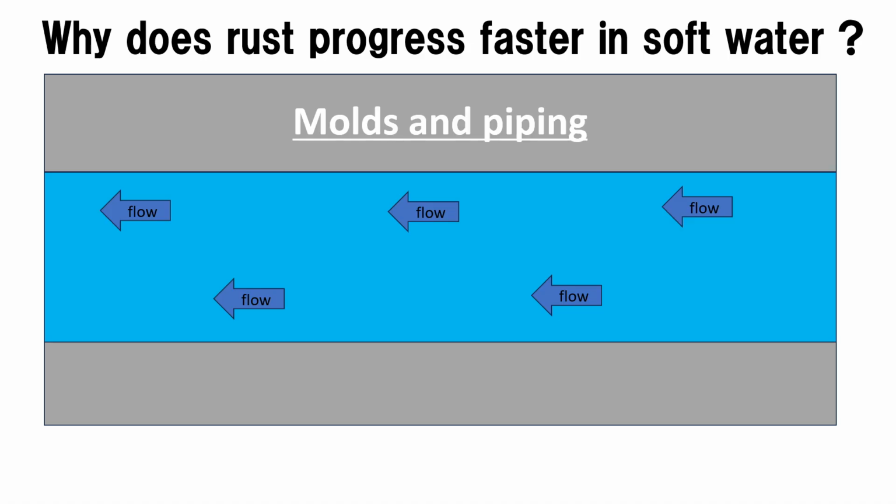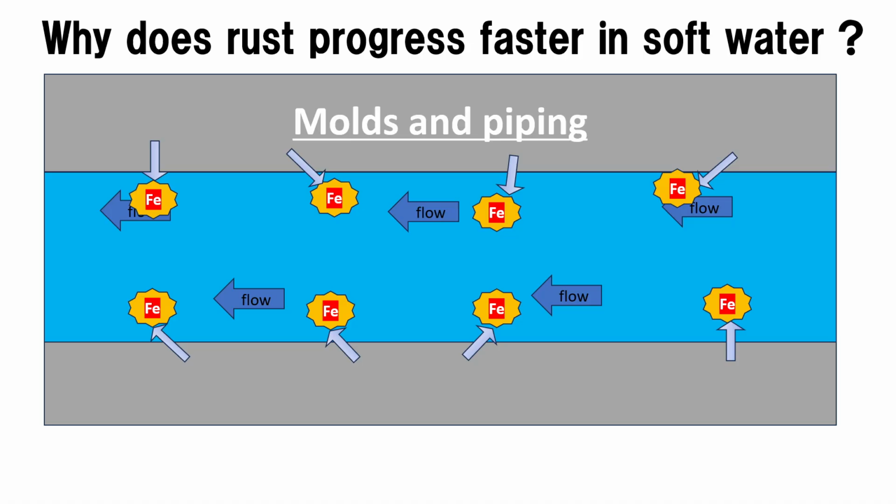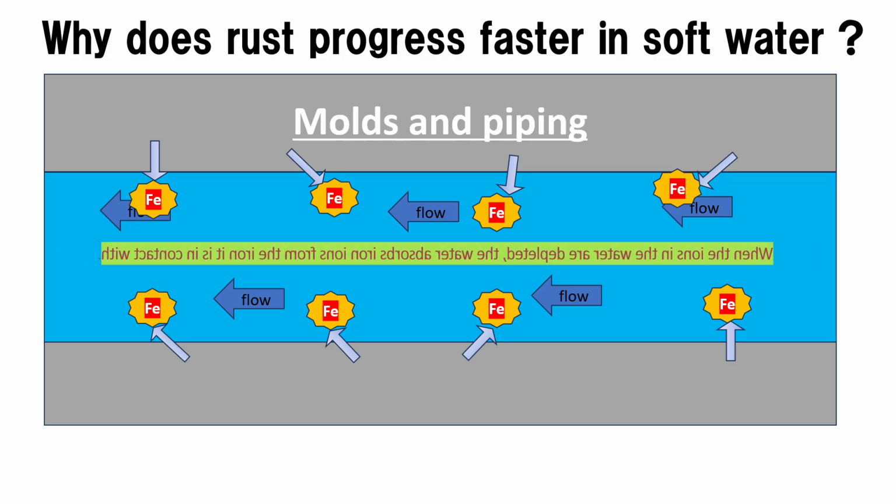The diagram illustrates the inside of a mold's water pipe or piping. Normally, water contains various ions in addition to calcium. Water softeners and water purifiers remove these, reducing the total hardness to near zero, creating a state with few ions in the water. Due to its properties, water with fewer ions begins to absorb ions from the metal it's in contact with.